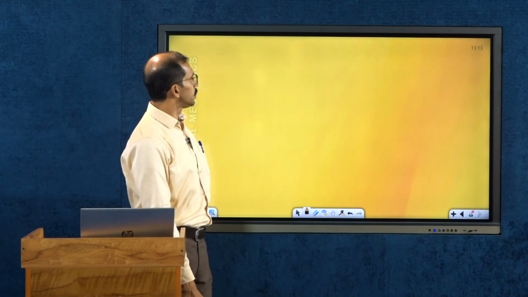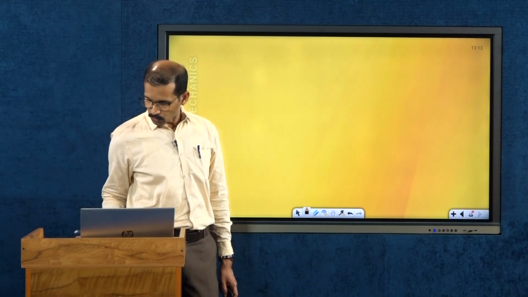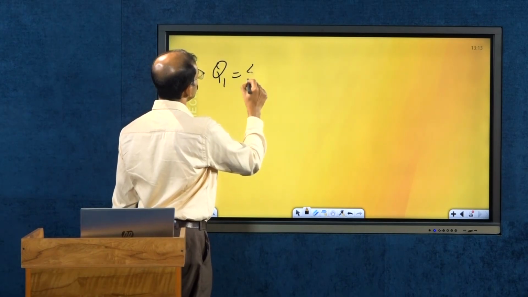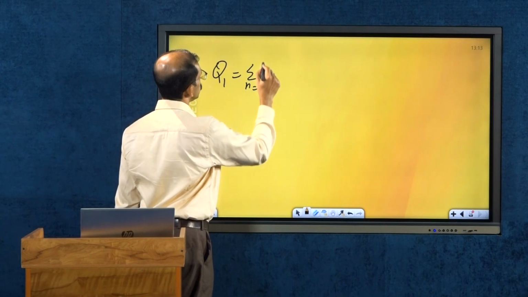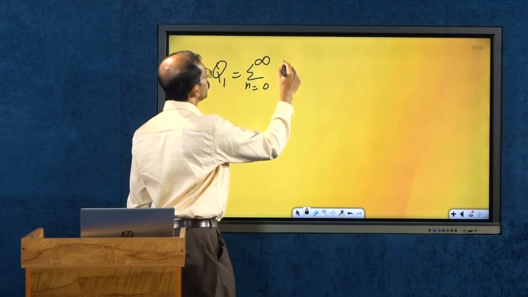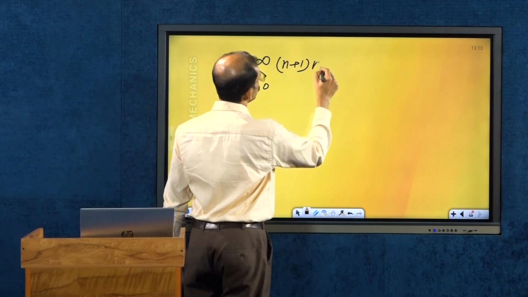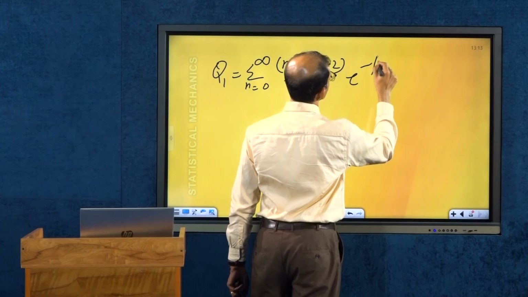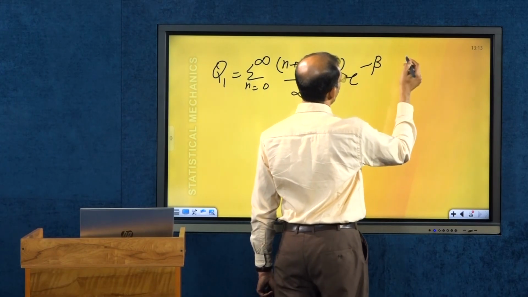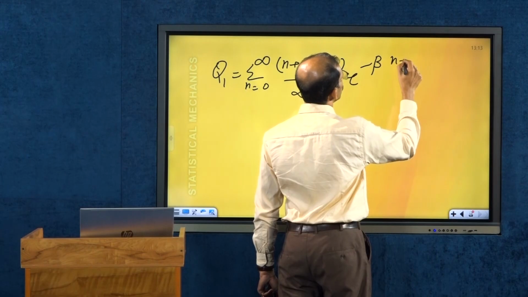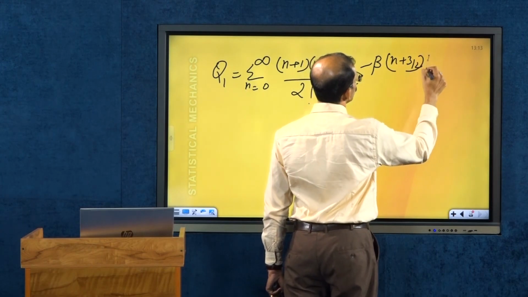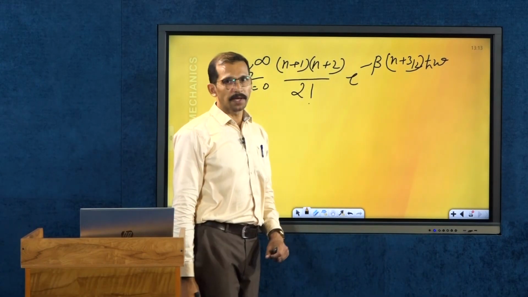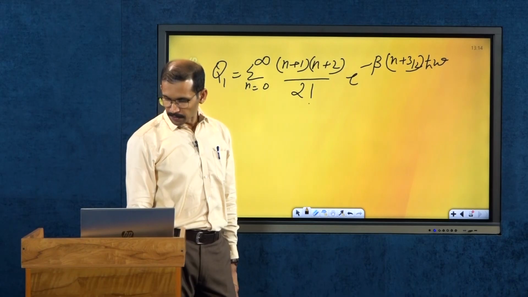On substitution I can write Q1 equal to the summation n is equal to 0 to infinity of n plus 1 into n plus 2 divided by 2 factorial e raised to minus beta n plus 3 by 2 h cut omega, right? So this is my expression for the single particle partition function.